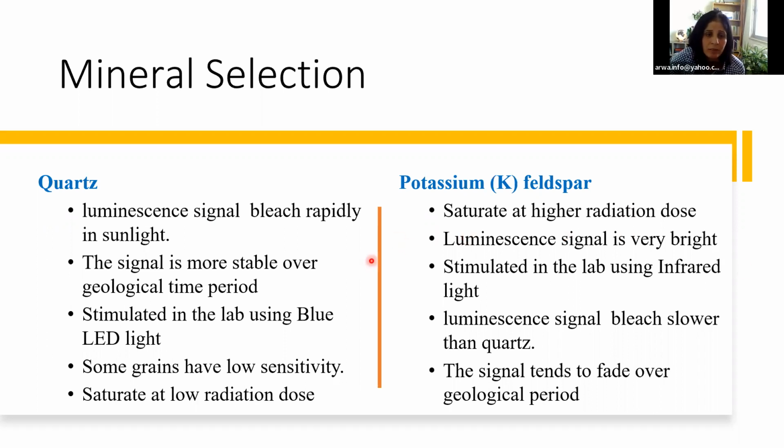However, some quartz grains could have no sensitivity for OSL signals, and some grains could emit no signals at all, while feldspar, for example, is brighter in its signal, but over geological time periods it fades and could lose some of the electrons trapped in the luminescence centers.